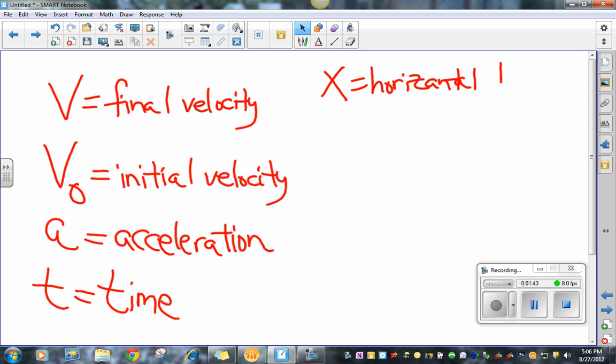But you're trying to find the horizontal position or the horizontal displacement. Okay, it's usually going to be in meters. You might see it in centimeters sometimes or kilometers, but traditionally in physics we're using metric units most of the time. So those are going to be the variables that you see in all of these kinematics equations.